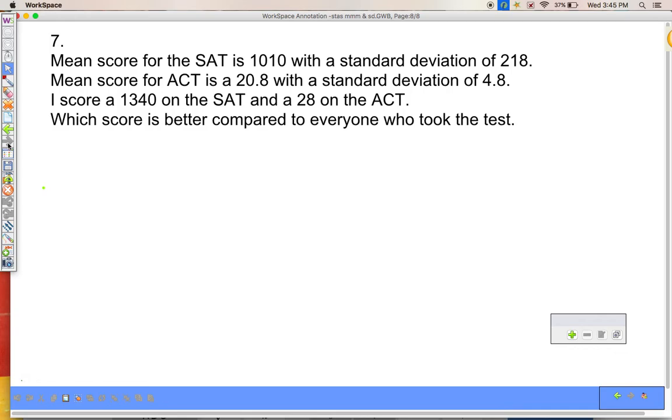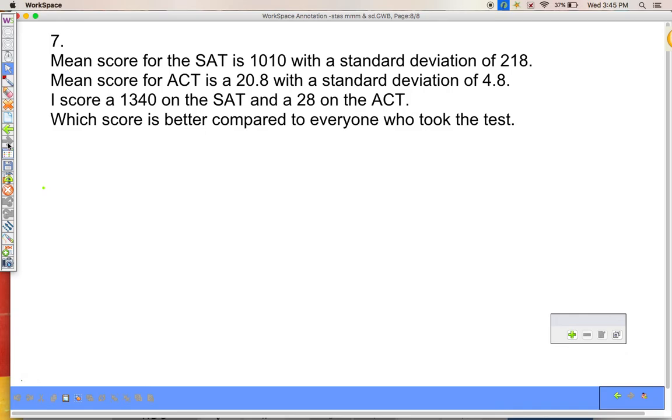The ACT is another standardized college acceptance test. We don't use it as much in this area. It's used more on the West Coast, but it's similar to the SAT. It's just they ask you questions about everything instead of just math and English. So we're going to say you scored a 1340 on the SAT and a 28 on the ACT.